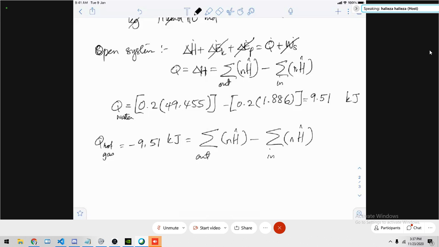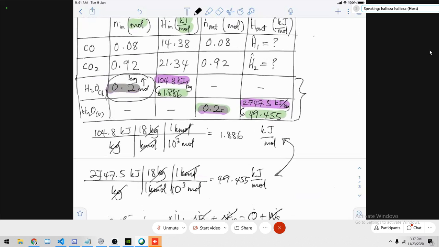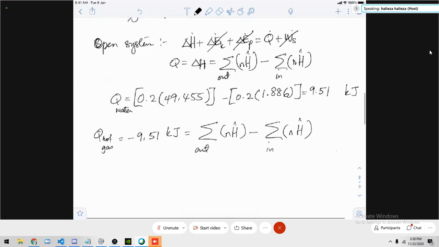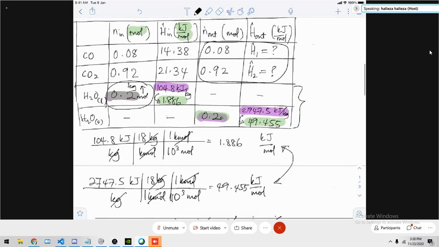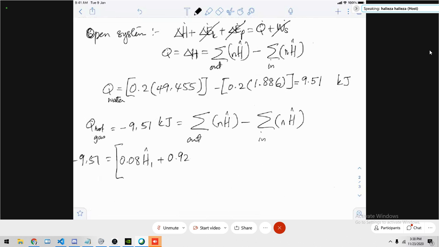So let's look at our table. We have two components. We have our outlet over here. We don't know the enthalpy, so just write down the enthalpy there. Outlet: negative 9.51 equals 0.08 times H1 plus 0.92 times H2, minus your inlet.